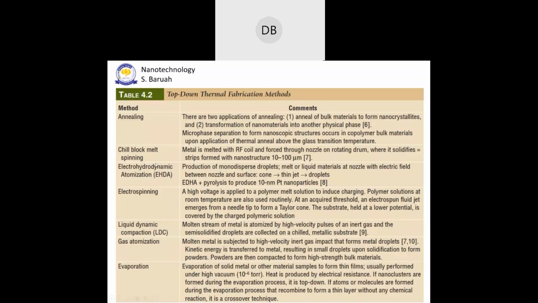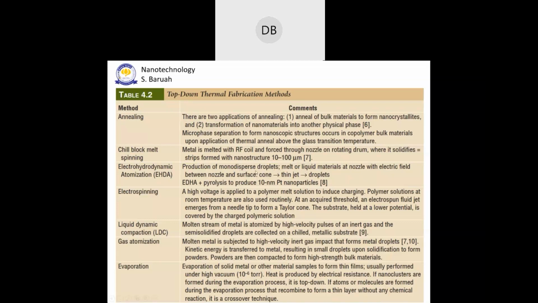This is another process. We call it electrohydrodynamic atomization, right? This is again an atomization process. I already mentioned atomization a little while ago, where we talk about aerosols, right? So here, basically, we have aerosols, very small droplets.